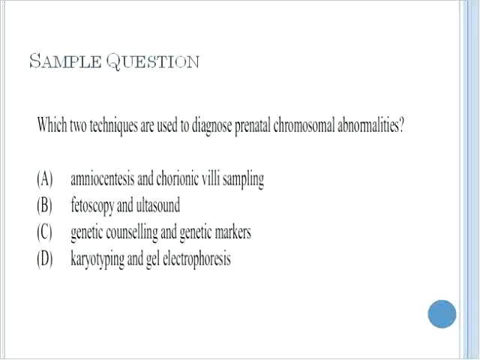This second question, again from past public examinations: Which two techniques are used to diagnose prenatal chromosomal abnormalities? Fetoscopy and ultrasound could be used to get pictures, but they cannot definitively diagnose chromosomal abnormalities.